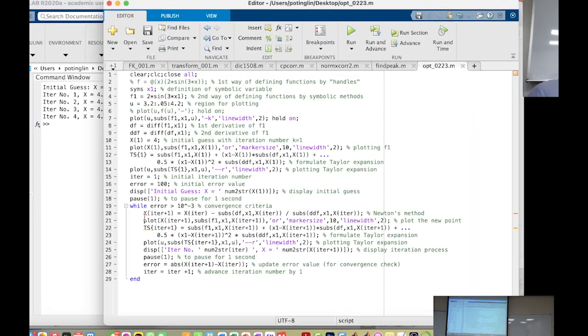So let's try to show a different function. We can change the function right here. For example, if I try to minimize 4 times x1 to the power of 4 minus 3 times x1 to the power of 2 plus maybe just a little bit of sine.